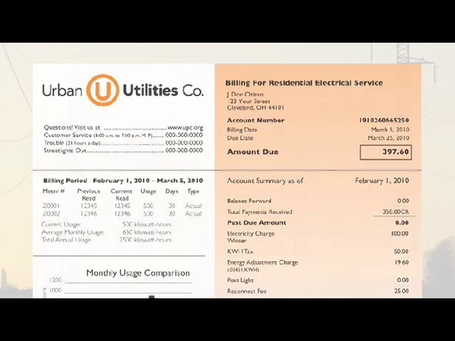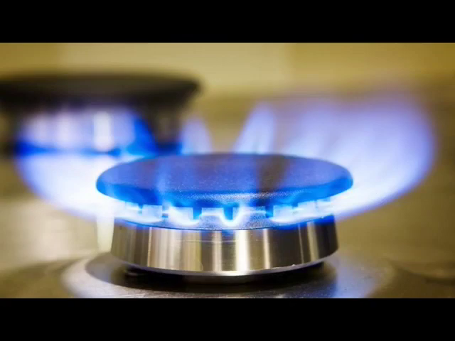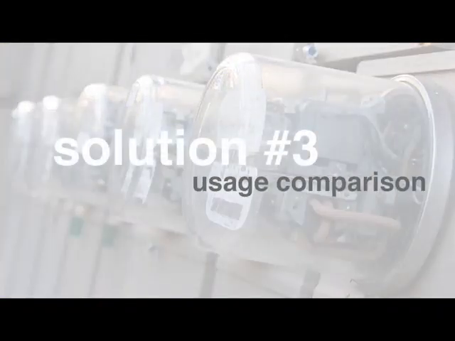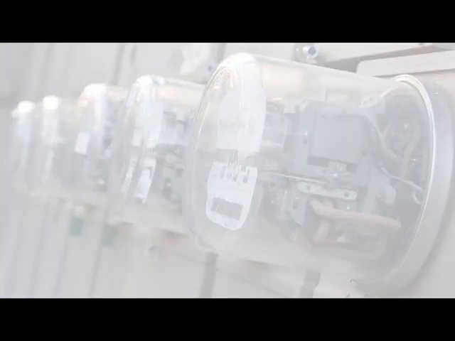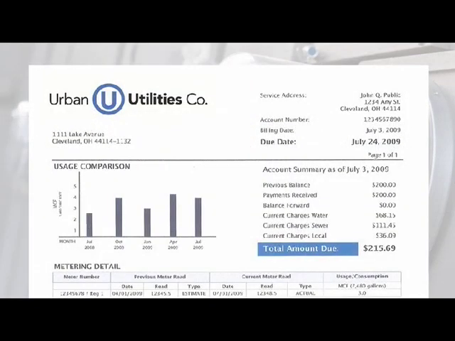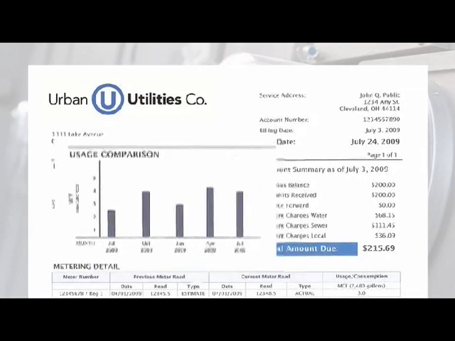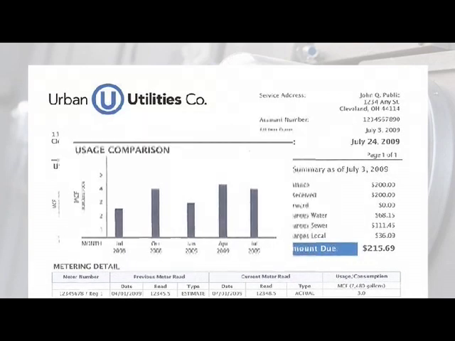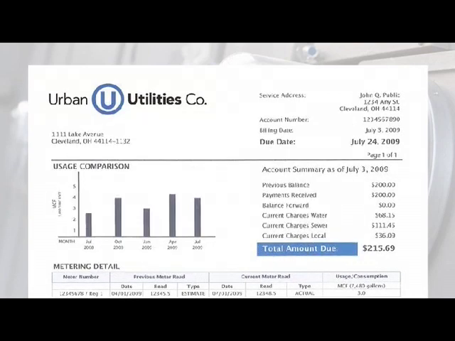Whether it's water, gas, or electric, today's consumers want to keep track of their consumption. But this information is often buried in text, hard to locate, and difficult to understand. In our bill redesign, we conveniently locate this information at the top, where it's easy to find, and we display it graphically so customers can easily understand billing cycle-to-cycle comparisons.